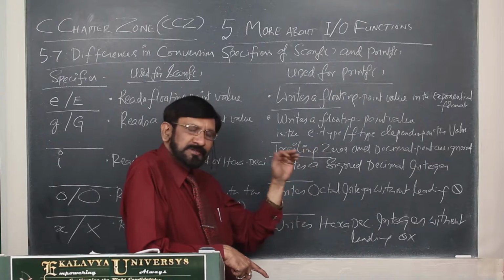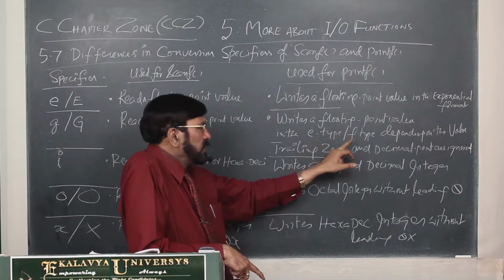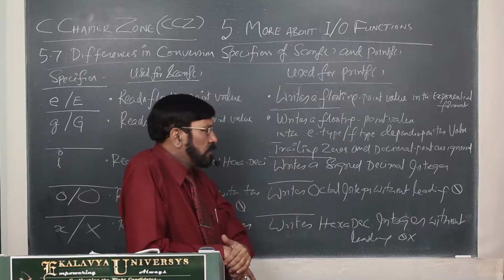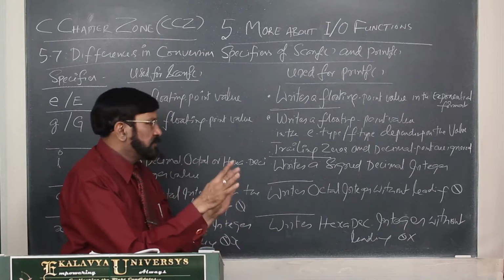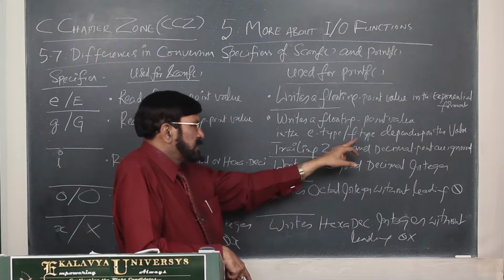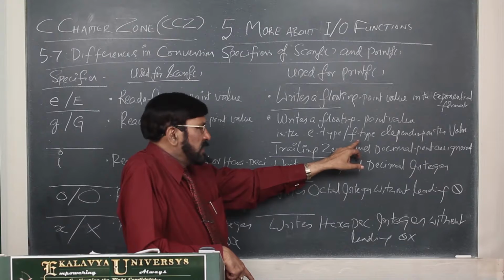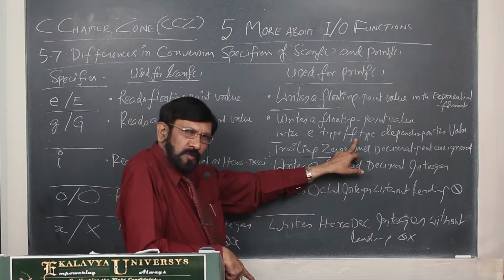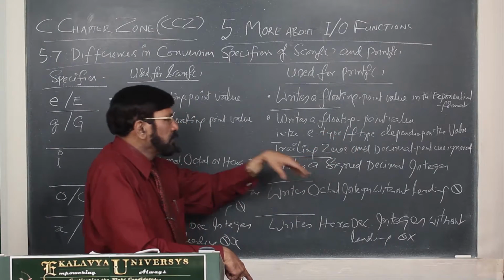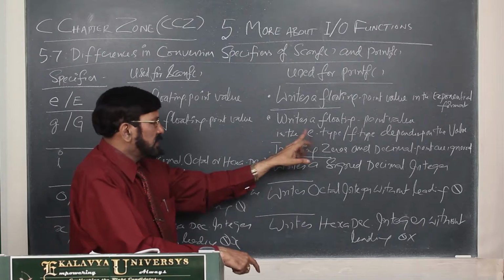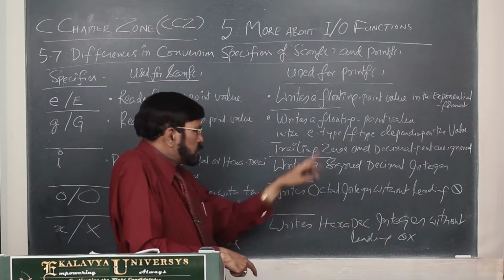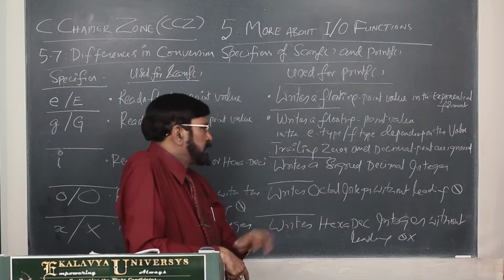E form means exponential form, F form means floating point form. That depends on the range of the value.